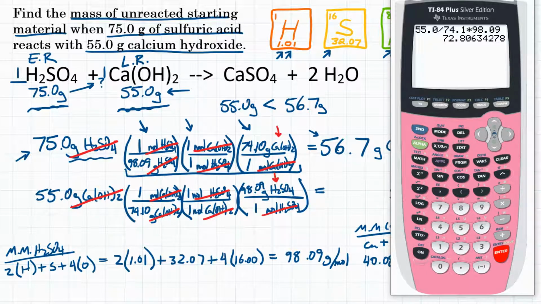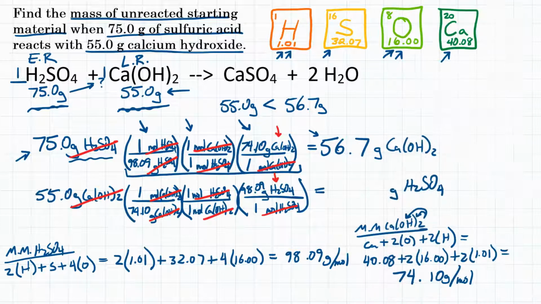Let's round that to 72.8. So 72.8 grams for our second stoichiometry problem. And what that is saying is 72.8 grams of H2SO4 would react with 55 grams of calcium hydroxide.